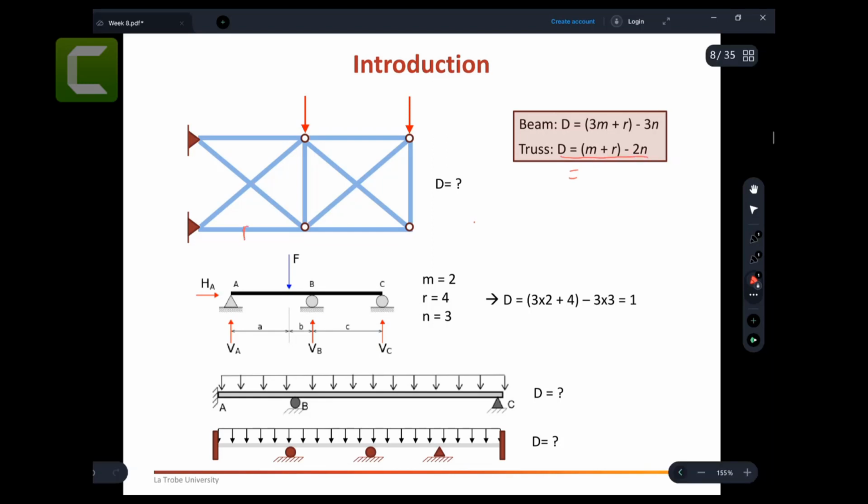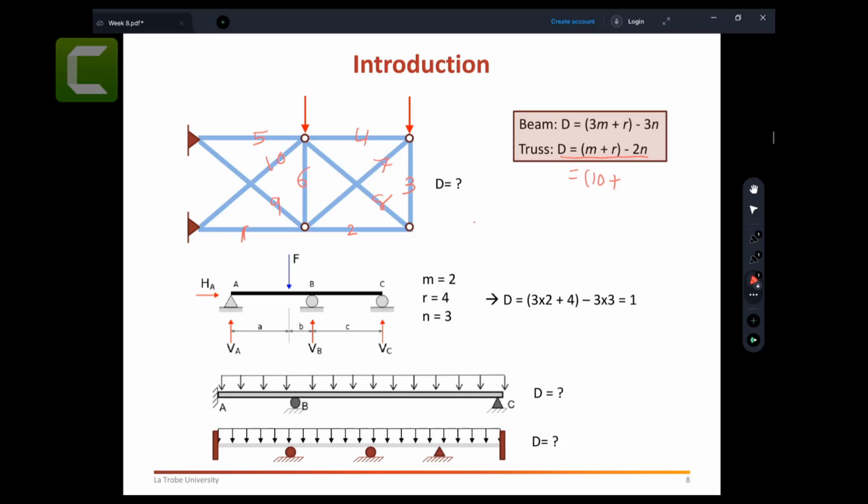You have member 1, member 2, member 3, member 4, member 5, and member 6. Then member 7, member 8, member 9, member 10. Right? So in this truss, you have 10 members. Let's put 10 there. Right? I hope I did not make any mistakes there. 1, 2, 3, 4, 5, 6, 7, 8, 9, 10.